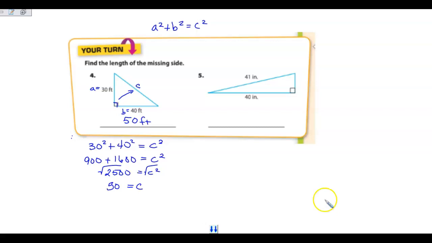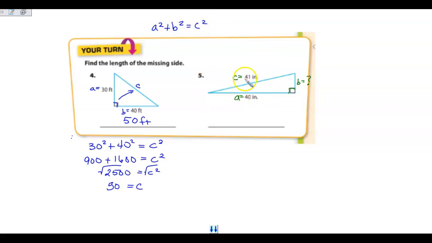When I look at my next one, I see that again I have a right triangle. I have a missing leg, and then I have a hypotenuse. So I know what my hypotenuse is. I know what one of my legs is. My other leg is what I need to find. Okay? Again, just using my formula, a squared plus b squared equals c squared.